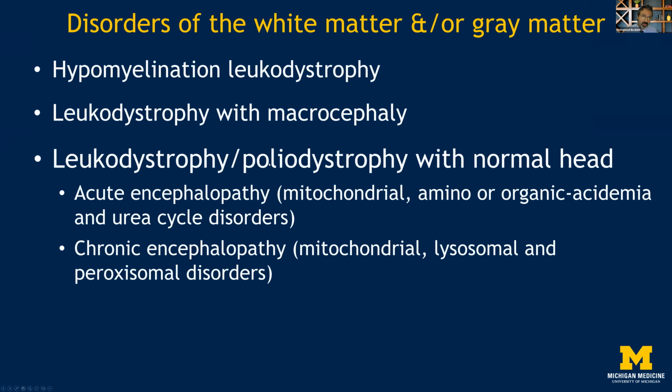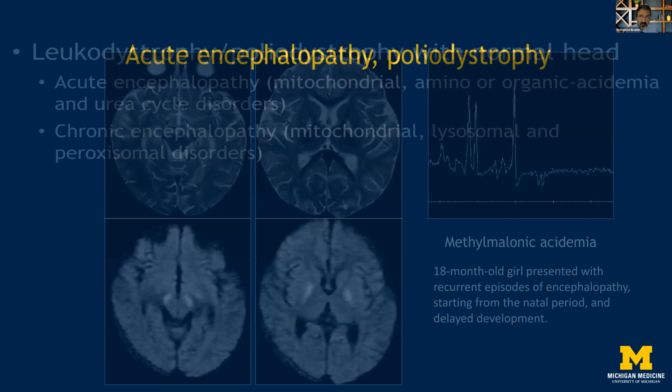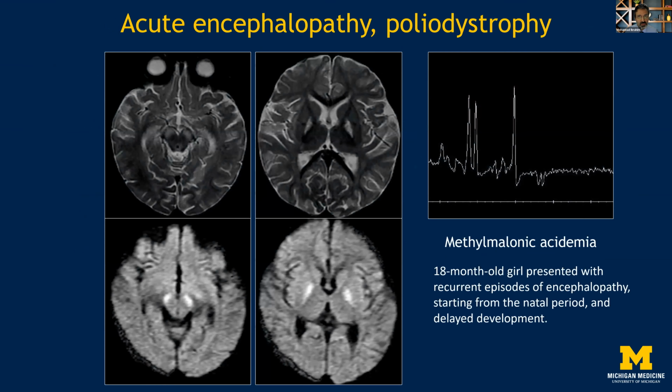Then we're moving to disorders that have a normal head, and then we can again benefit from the clinical presentation. We need to ask, is this patient presenting with an acute encephalopathy, or is he having a chronic progressive clinical presentation? In acute encephalopathy, the majority of disorders are typically seen involving the gray matter.